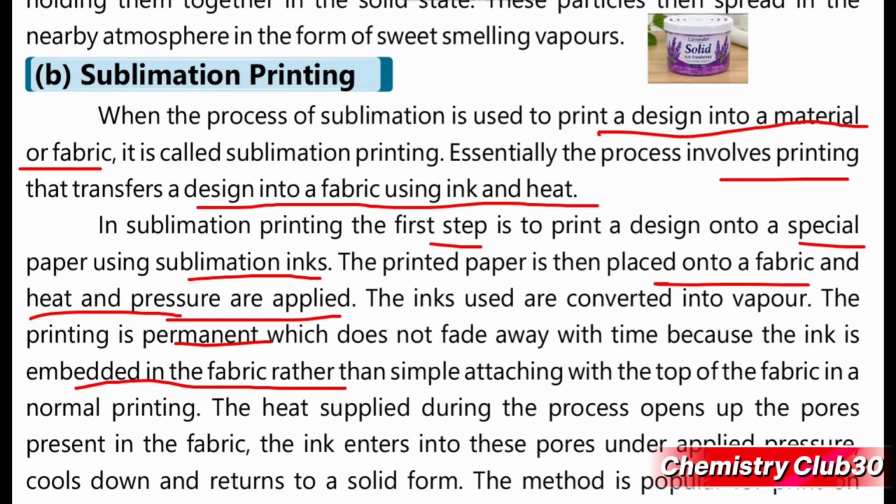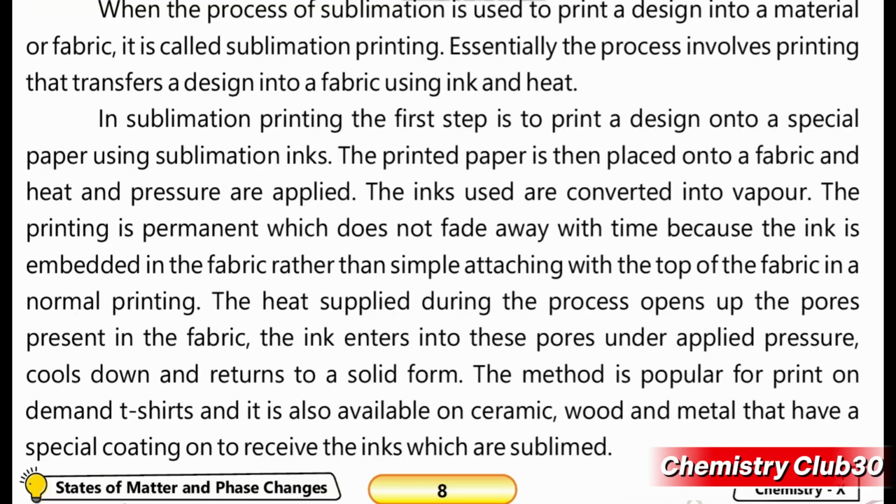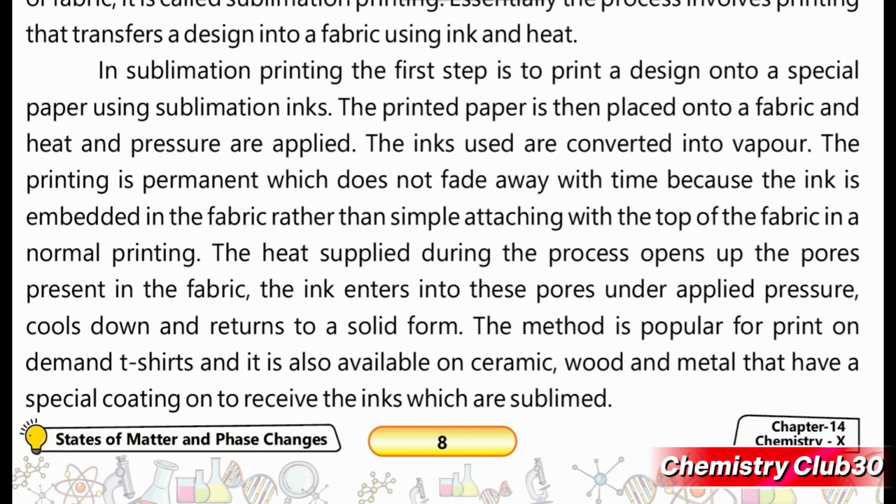The heat supplied during this process opens up pores that are present in fabric. The ink enters these pores under applied pressure, cools down, and returns to the solid form. So again this ink converts to solid form after printing on the fabric.